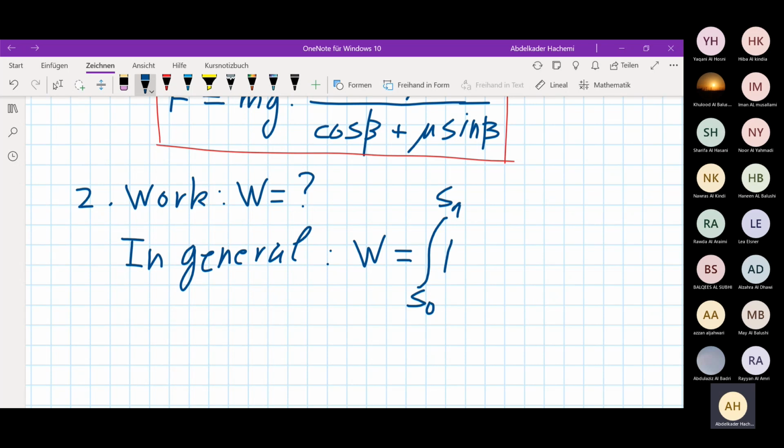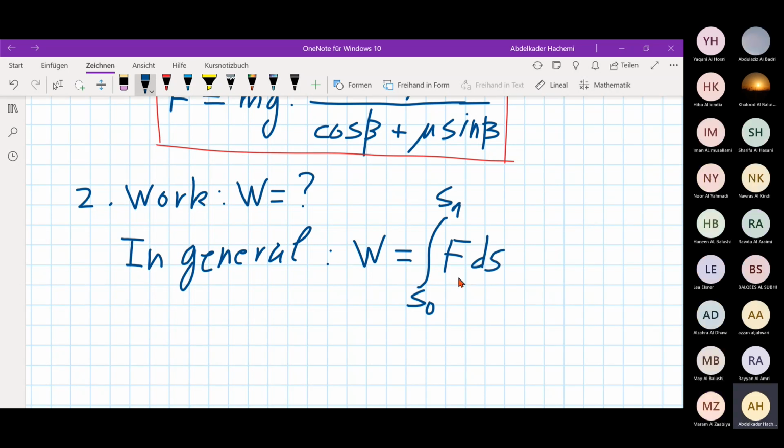Of F, the force, multiplied by the covered distance. This is the general equation. This is the definition of the work.